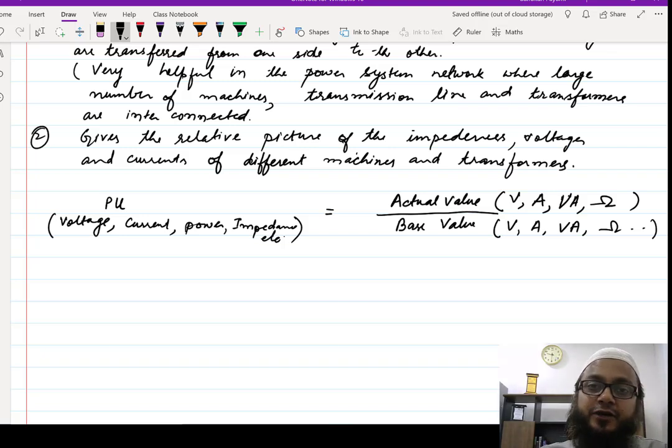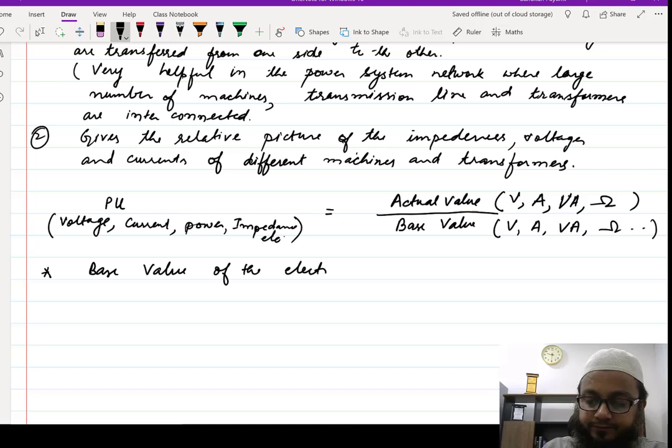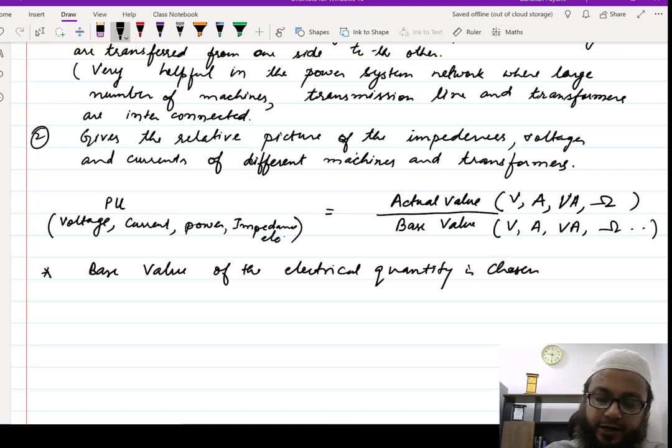So we need to first choose the base value of the electrical quantities.